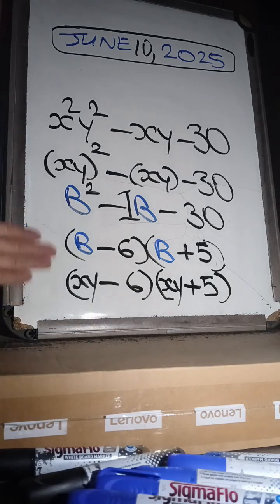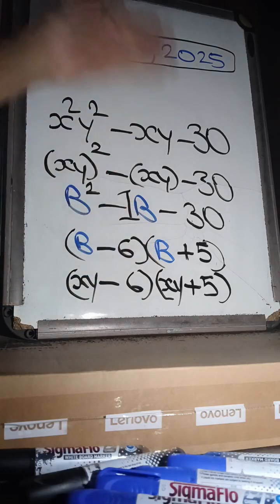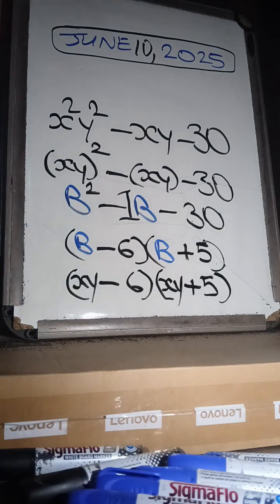So you end up with x squared y squared plus 5xy minus 6xy minus 6 times plus 5 is minus 30. Everything comes out. Everything makes sense.